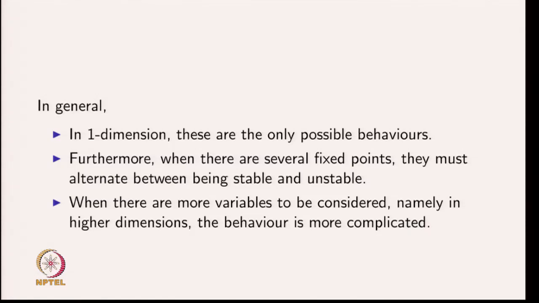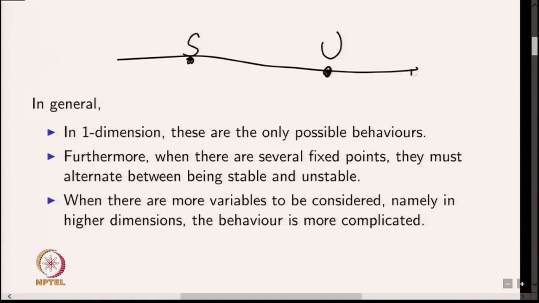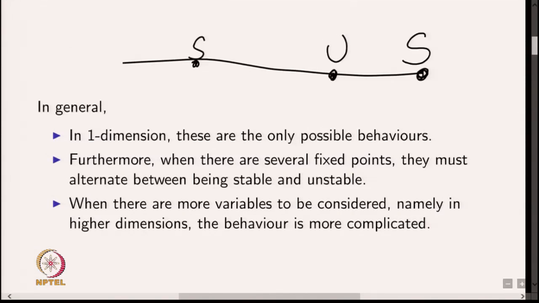An important geometric point over here is that when there are several fixed points, because we are considering the situation in one dimension, if I have a stable point over there, and an unstable point over here, and another point over here, it has to be stable.